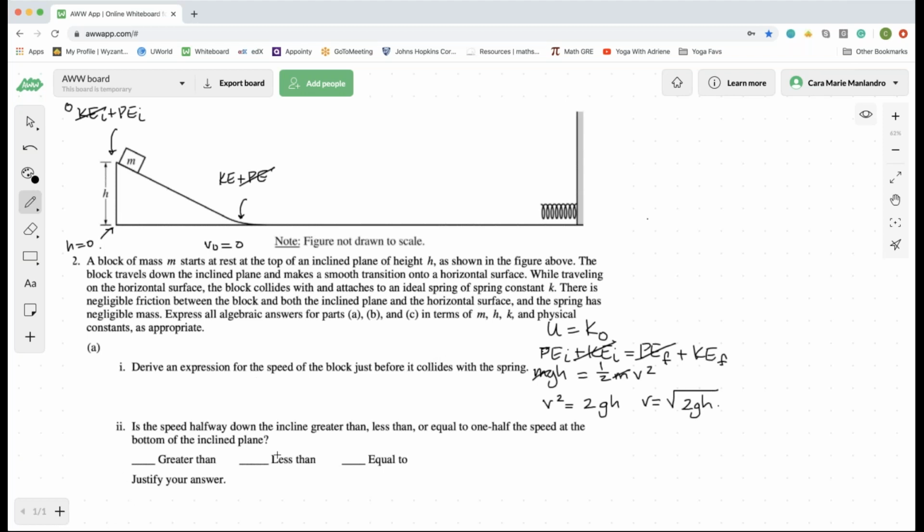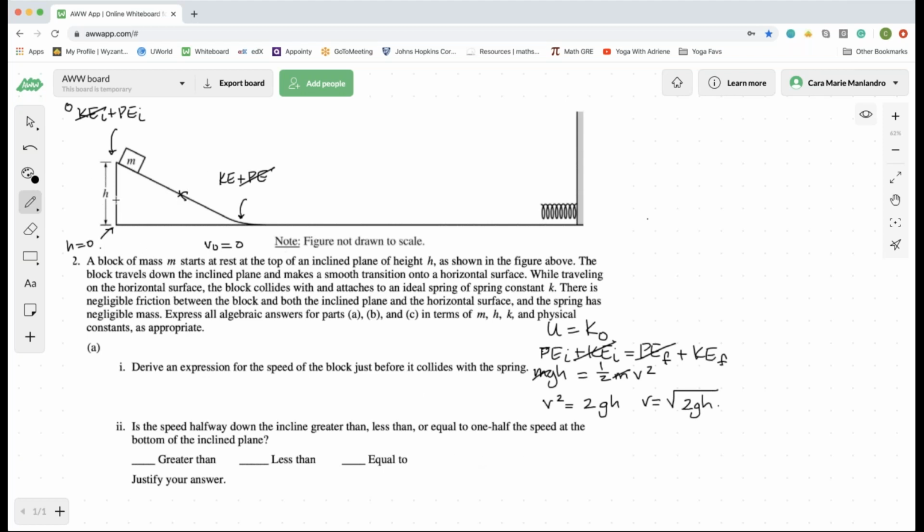Okay. Is the speed halfway down the incline greater than, less than, or equal to 1/2 the speed at the bottom of the incline? So how would I go ahead and solve that? Here's how I would solve that.